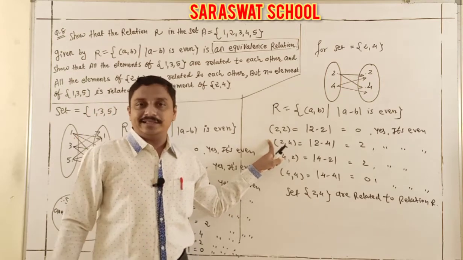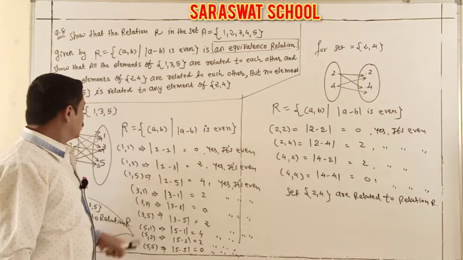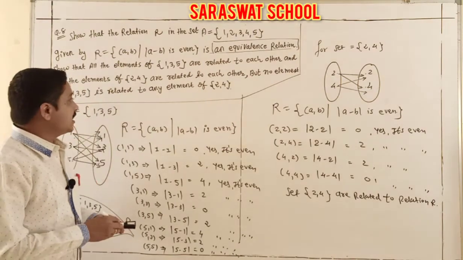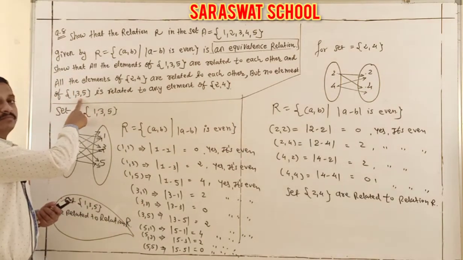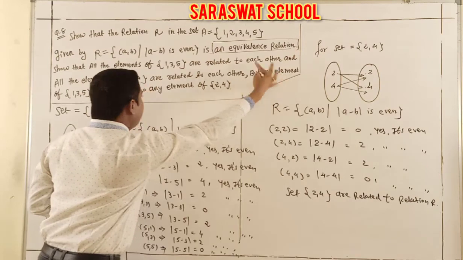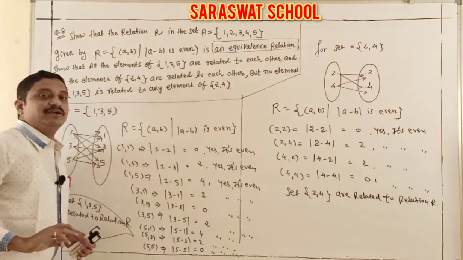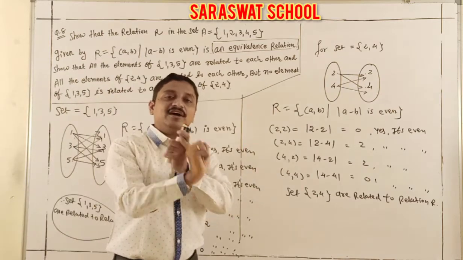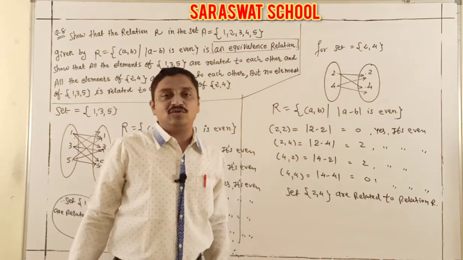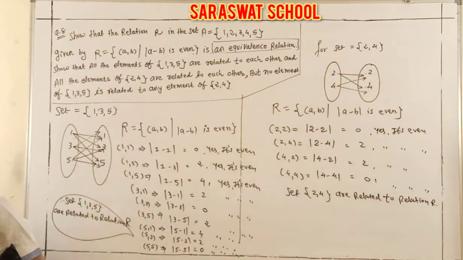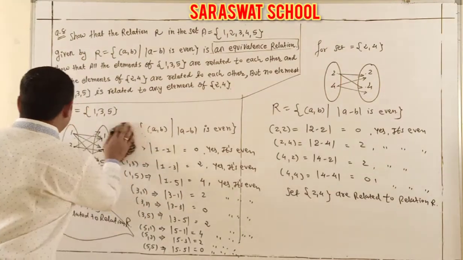It means equivalence. This is also an equivalence relation for 1, 3, 5. Now the last line: no element of 1, 3, 5 is related to any element of 2, 4. So then I again explain 1, 3, 5 and 2, 4 corresponding to relation R. So students, it is the ending part.